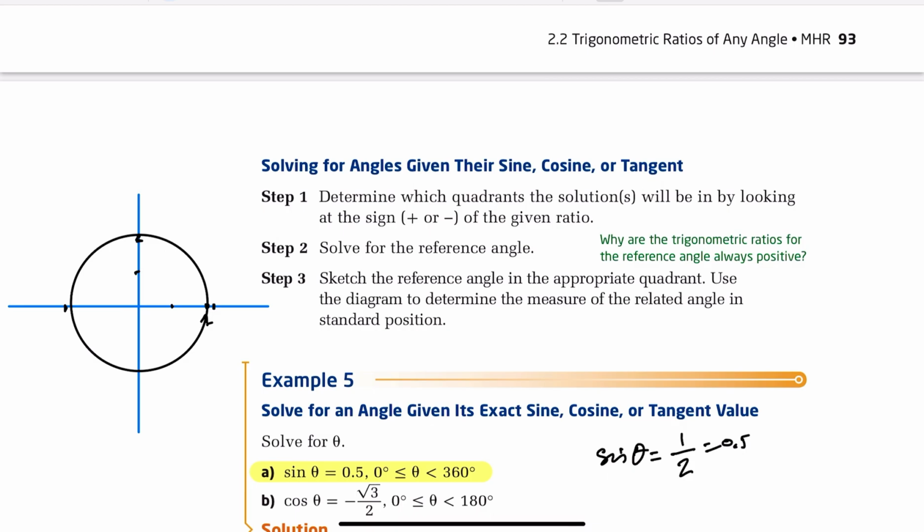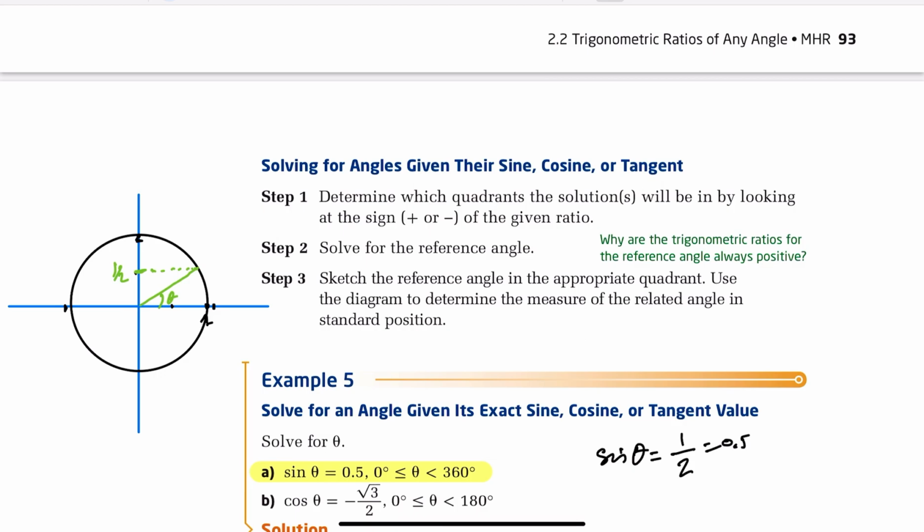And I know that, if I am using my knowledge from the previous lesson, my half is here, so my y is here, so my angle will be this one. So this is the theta I'm looking for, because they are giving me that the sine is a half. Why?